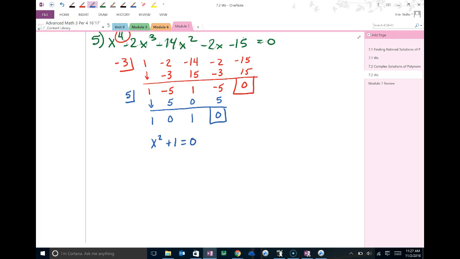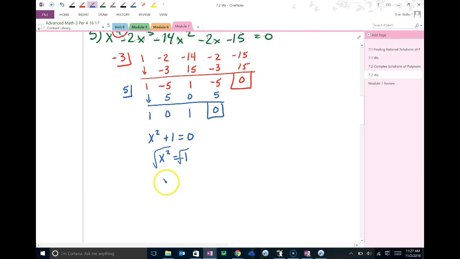So how would I isolate the x here? Minus 1. Then what? And square root. So what is the square root of negative 1? I. And don't forget, if you solve an equation and you take a square root, you get plus or minus I.